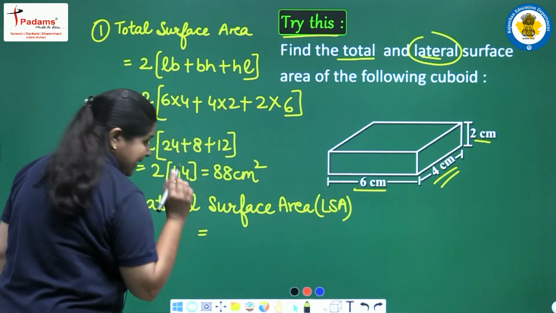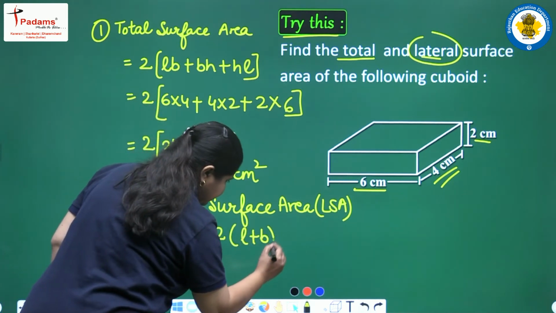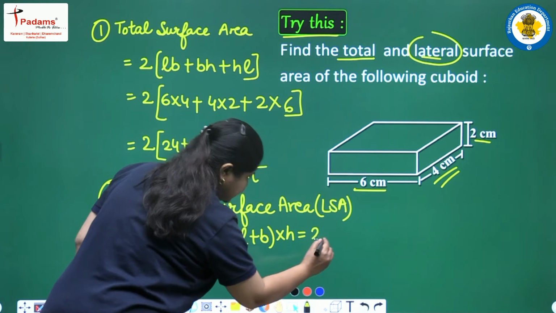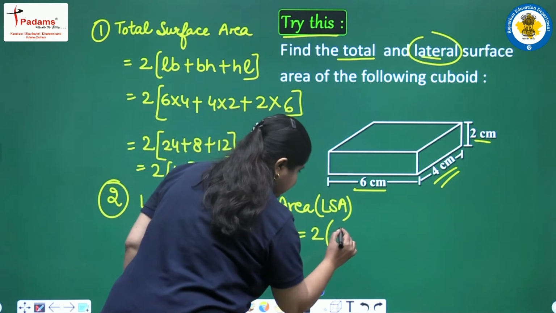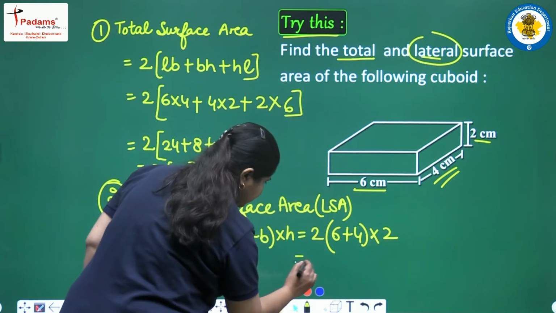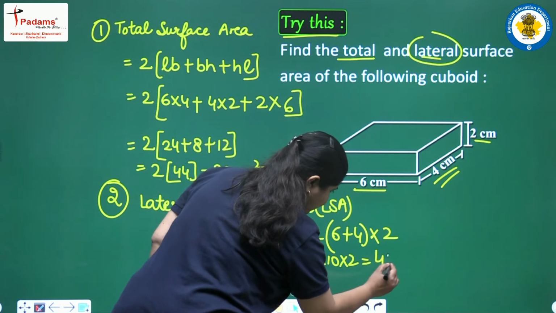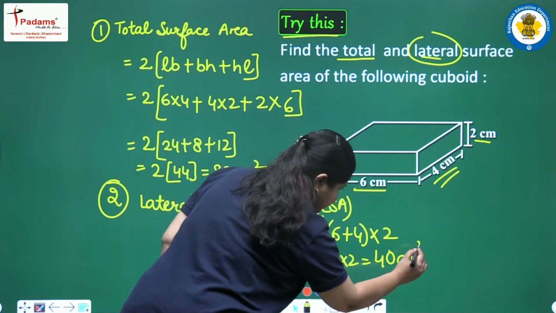This will be given by, yes, come up with the formula, 2 into L plus B into H. Now this will be equal to 2 into L plus B, 6 plus 4 into H, which is 2 centimeters. So this will be 2 into 10 into 2, that is 40 centimeter square.